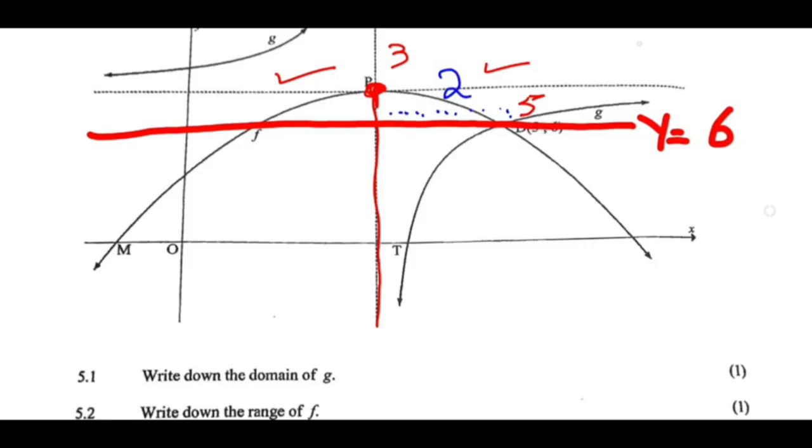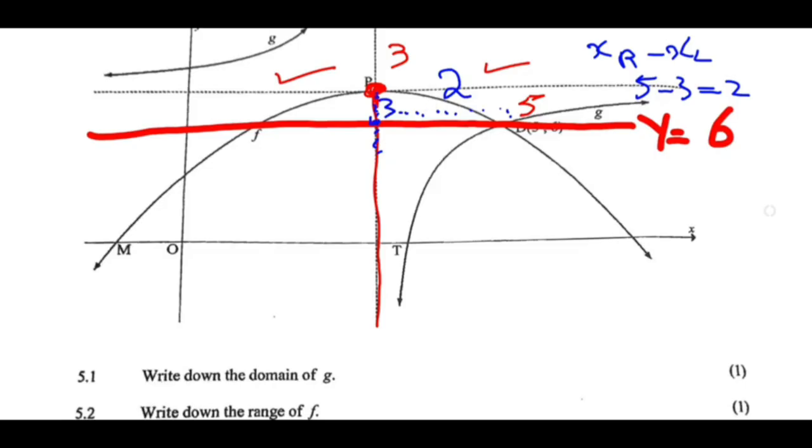5 minus 3 is 2, because x right minus x left, 5 minus 3, the answer will be 2. So 2 units from 3, this is 3 here. Between 3 and 5, the length is 2.